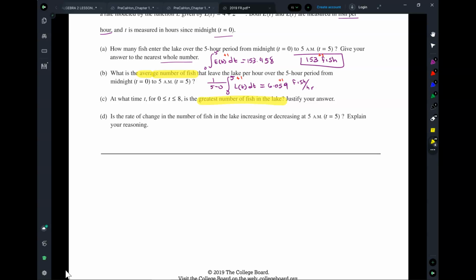So for example, if 7 kids enter and 2 leave, how much is in the room? 5. What did you do? You subtracted, right? So if you have the rate of people coming in and the rate of people leaving, the rate of the number of people in the room is the difference of the two, okay?